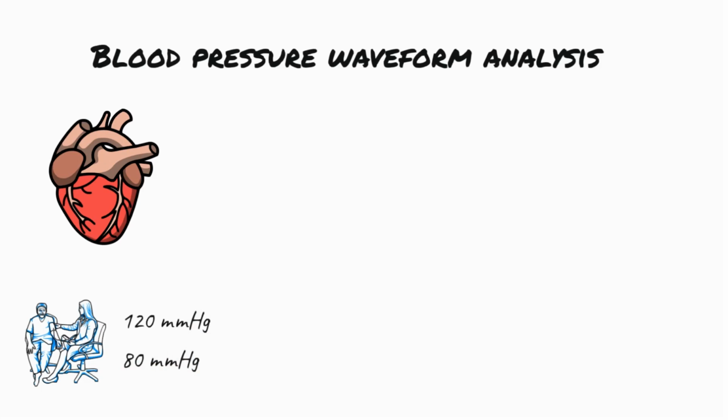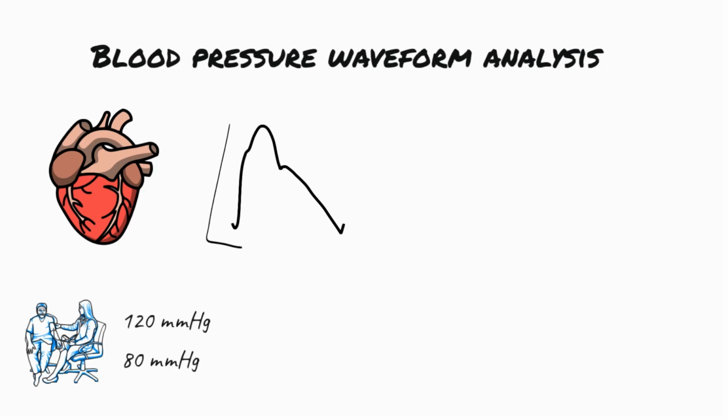The interesting thing about blood pressure, though, is that it is not just one value or two values, it's actually a value that is changing over time. Every time your heart beats, the pressure in the vessels will increase, and in between two heartbeats, the pressure will decrease again. And this is where the waveform comes in. As you can see, every heartbeat creates a wave of pressure in the vessels.